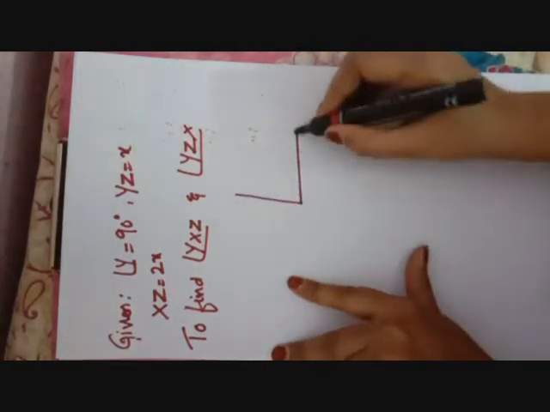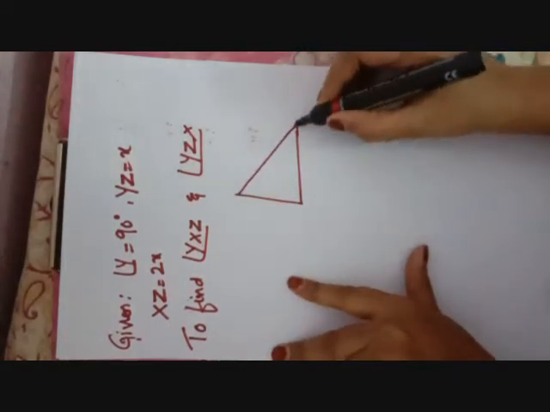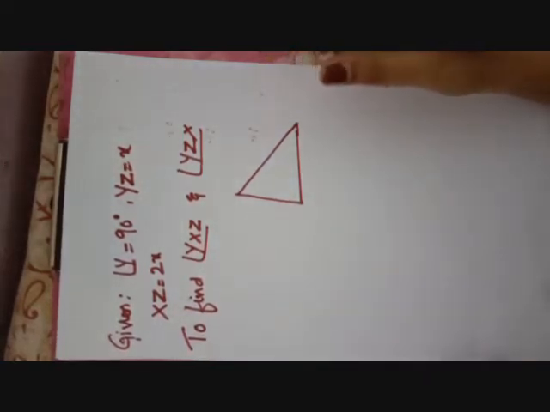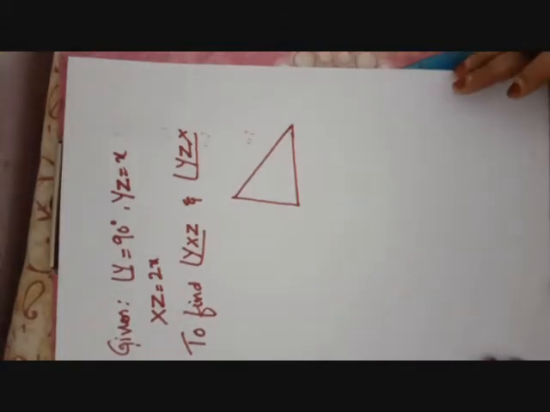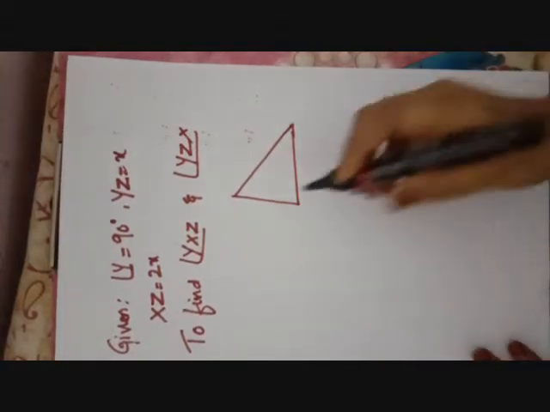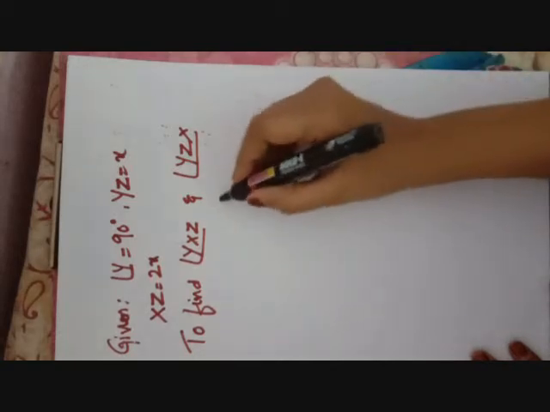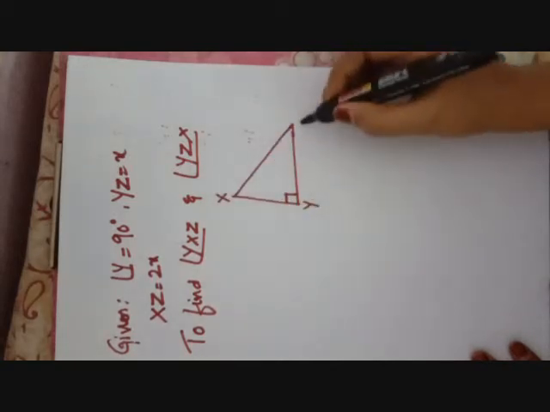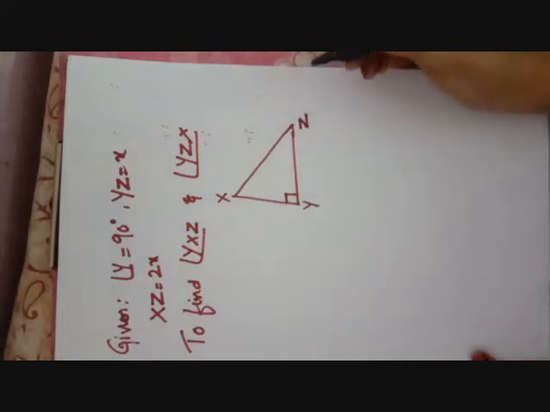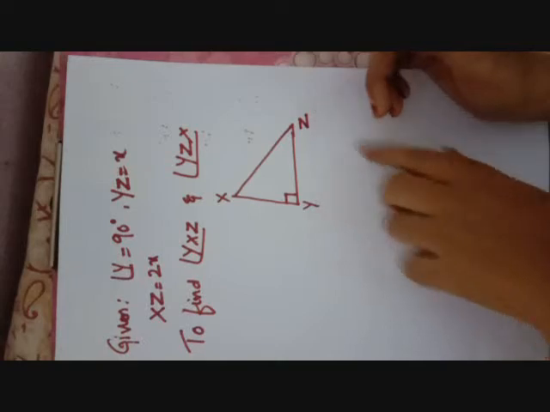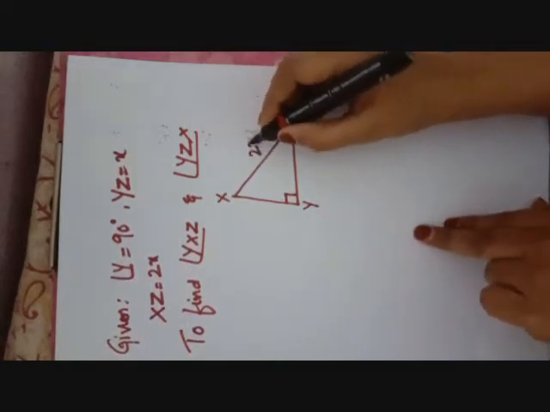We'll label it. We'll write the values given. It's a right angle triangle XYZ. Right angle at Y. So this is Y. X, Y, Z. What else is given? XZ is given, that is 2x.